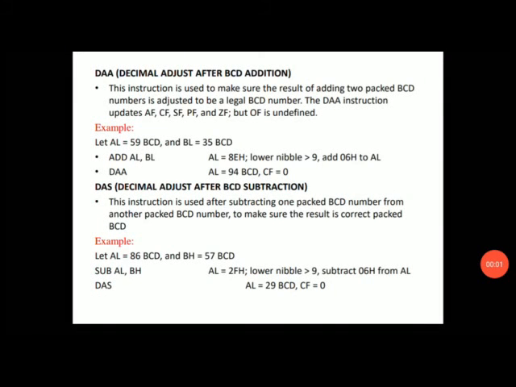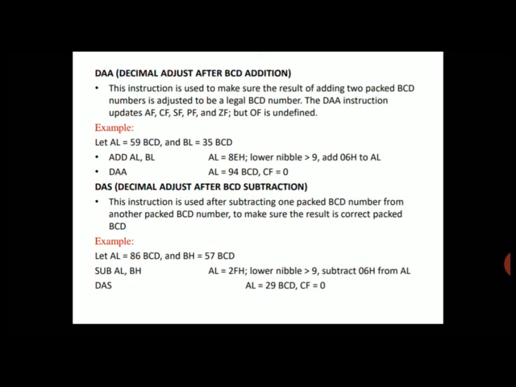Next, we can see the next instruction, DAA. DAA means decimal adjust after BCD addition. That is, if you are adding two BCD numbers and you are not getting the result as BCD, you have to change it to a BCD number. For that purpose, the DAA instruction is used. Suppose if the lower nibble is greater than 9, it is not a BCD number.